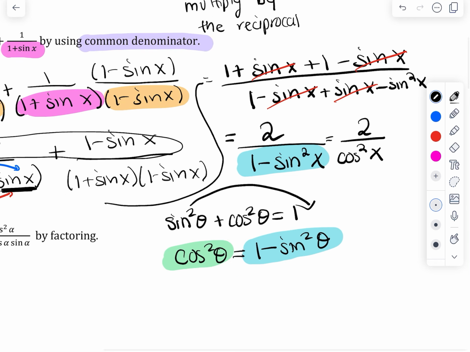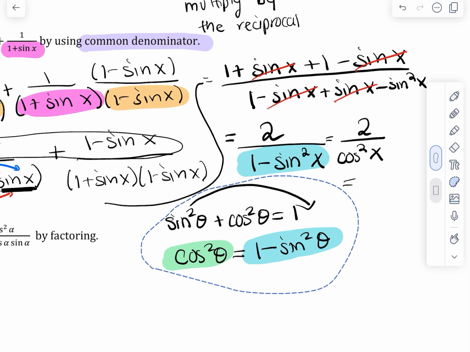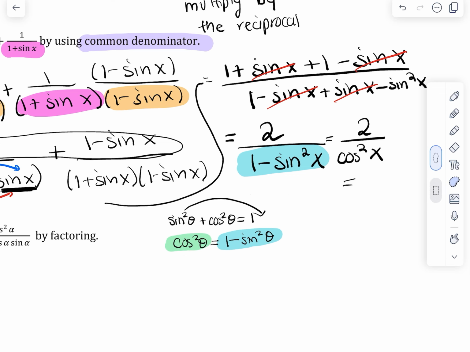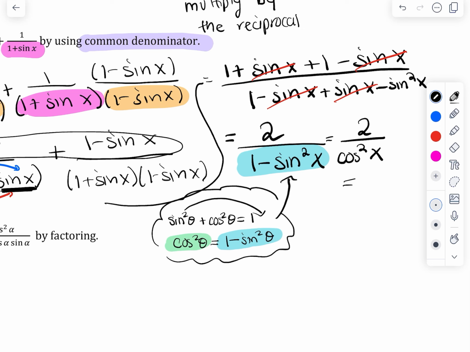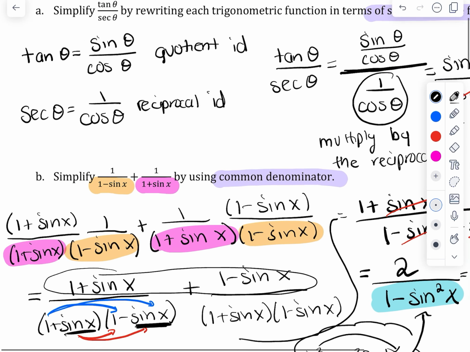And then the last thing I can do to simplify, I'm actually going to make this a little bit smaller now. We can draw an arrow to show that this is what we were doing. I can use the reciprocal identities to change cosine squared. I can bring it up by making it into secant. And we actually already used that over here. Look, this was it.